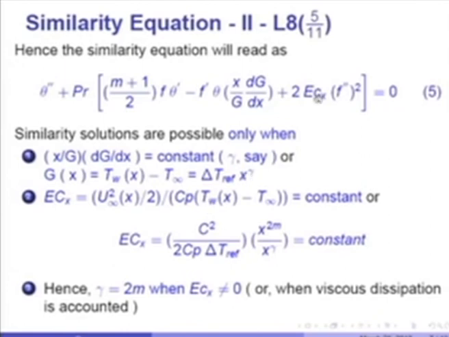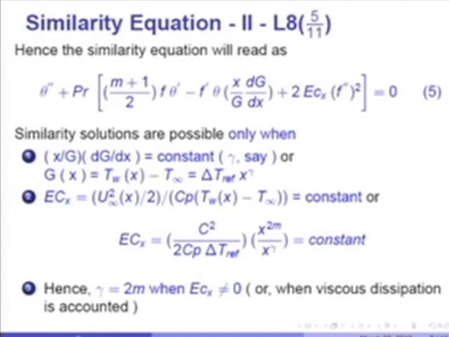If viscous dissipation is included, gamma can take only restrictive values, gamma equal to 2m. This is because there is a connection between the viscous dissipation term and the velocity solution. Such odd constraints are put in the similarity method.